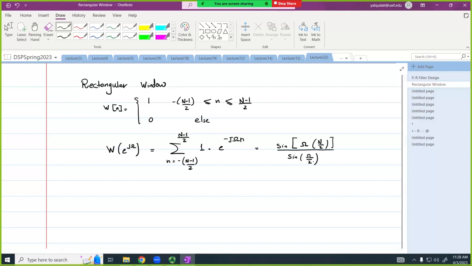And therefore, the rectangular pulse, or the rectangular window, from negative (N minus 1) over 2 to (N minus 1) over 2 is going to have a frequency response that looks something like this.